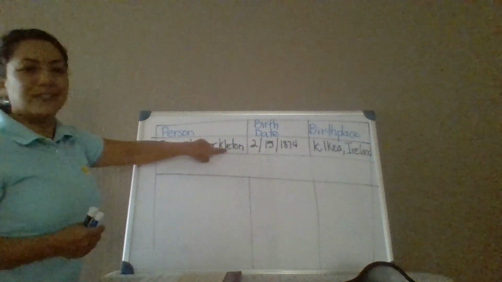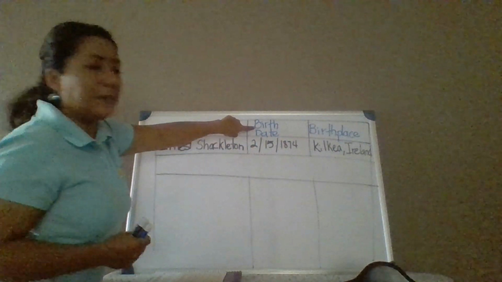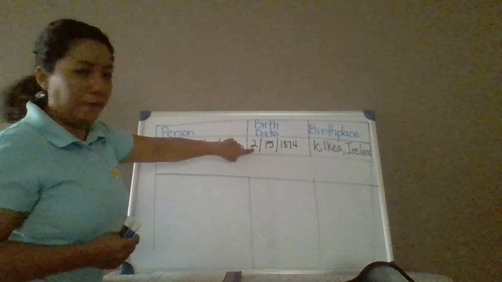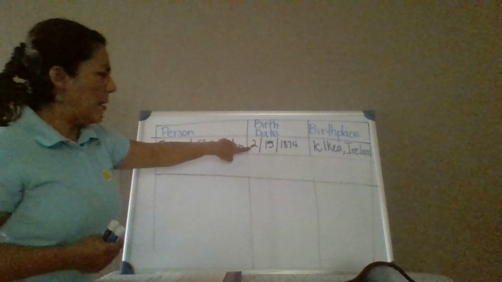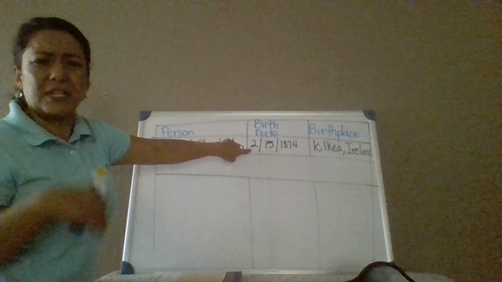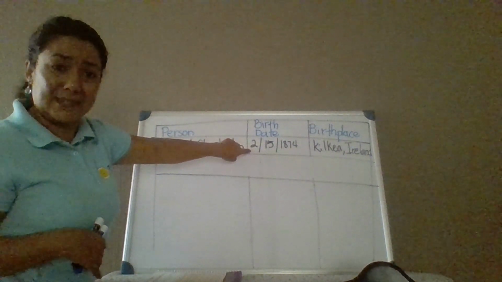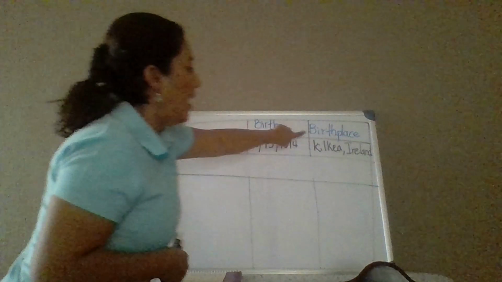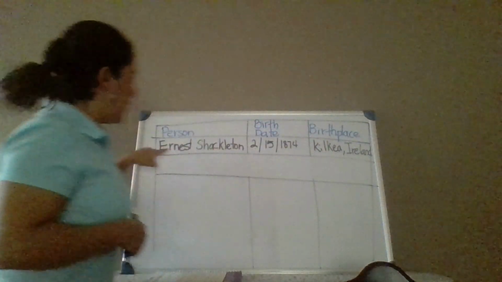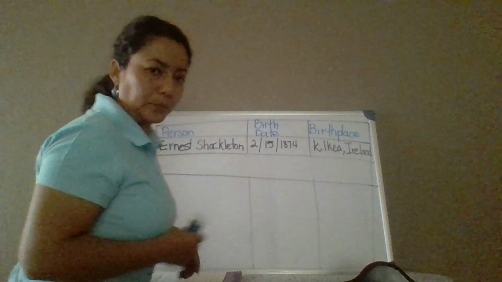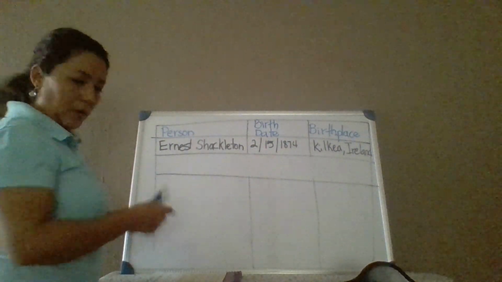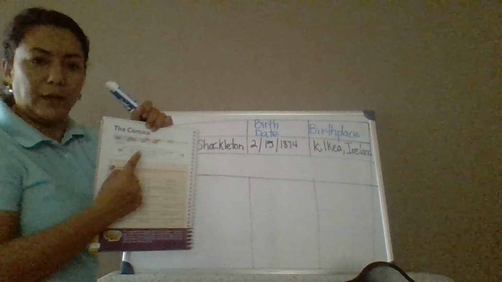Ernest Shackleton. What is the birthday? February 15th, 1874. Remember, this is a short date, and sometimes we write dates like this at school. Okay. And the birthplace, where was he born? In Kilkea, Ireland.